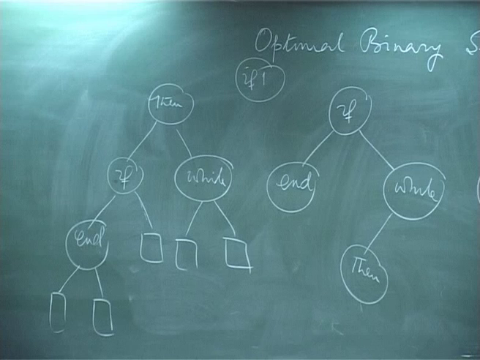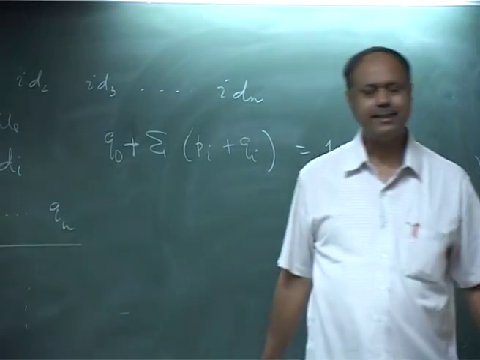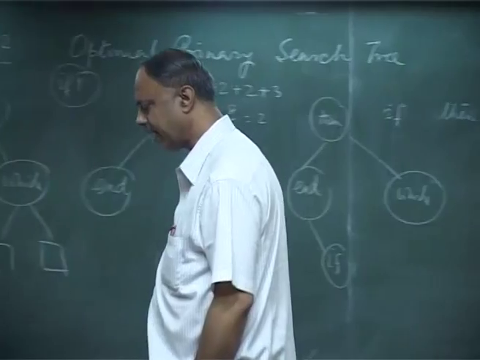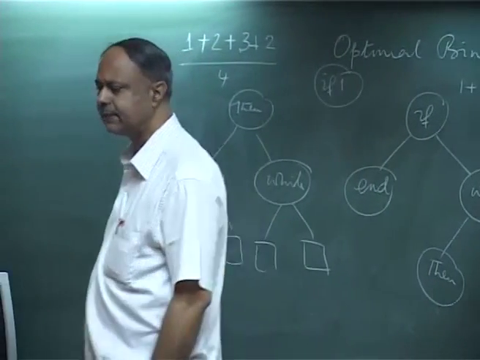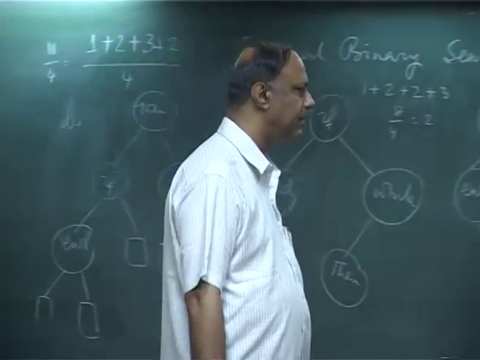Now the next type of paradigm is backtracking and branch and bound. I don't want to discuss much on this aspect, but what I want to tell is one problem, graph coloring.